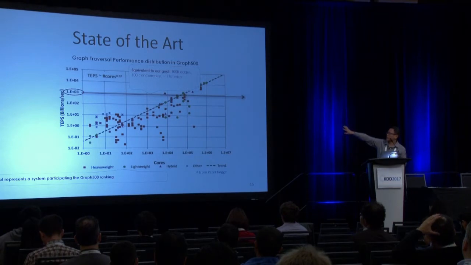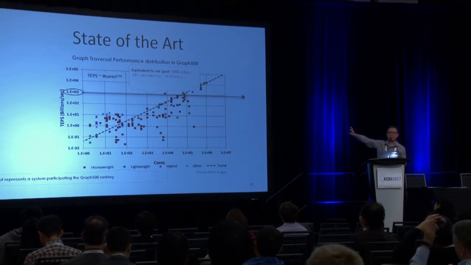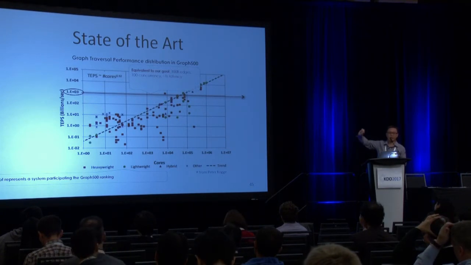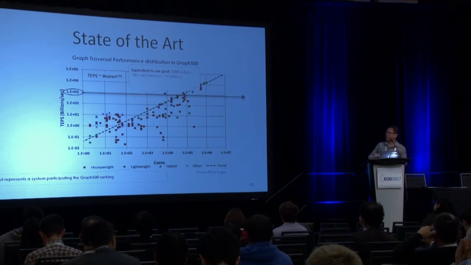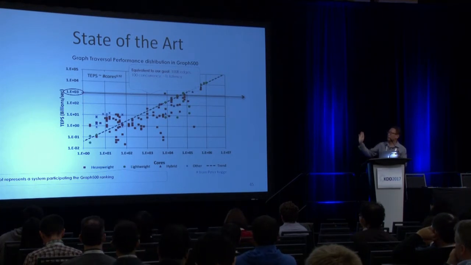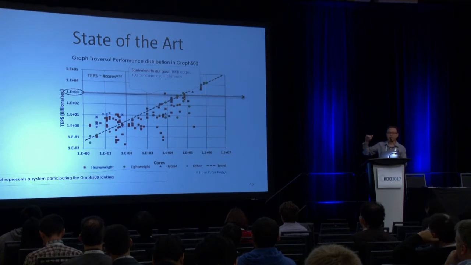And on the right-hand side, the points become sparser and sparser because it involves cluster and supercomputing settings. Okay. And then you can see going over the dashed line becomes more and more difficult.